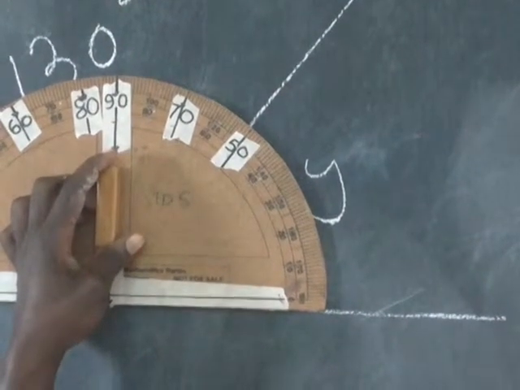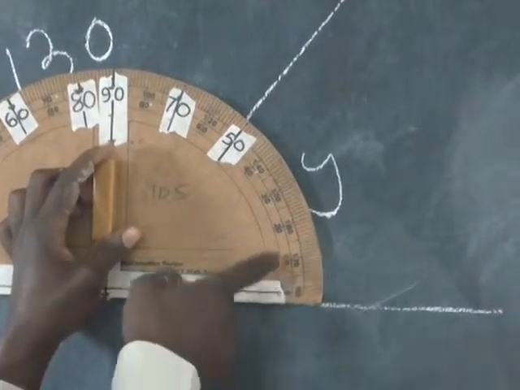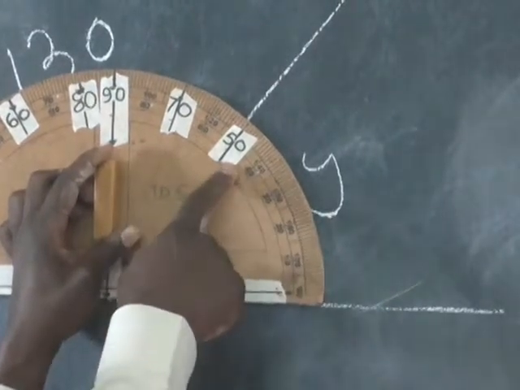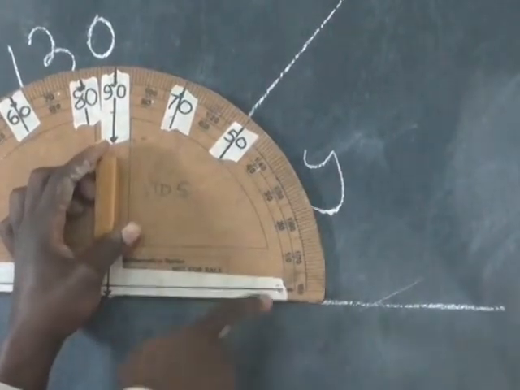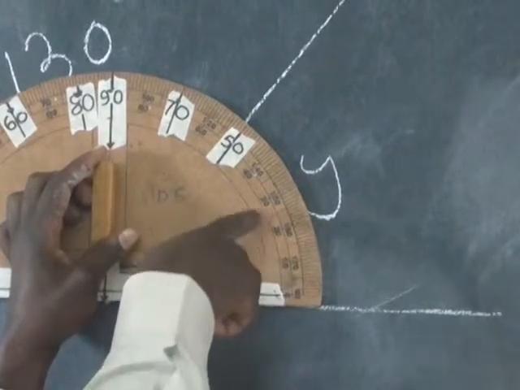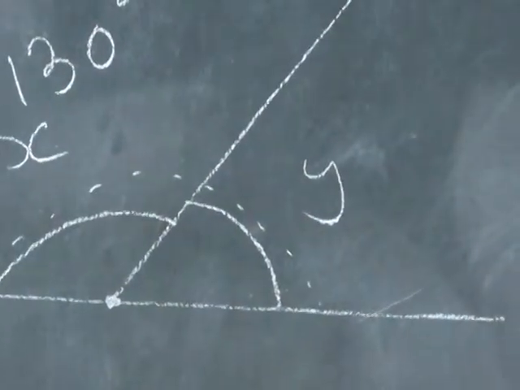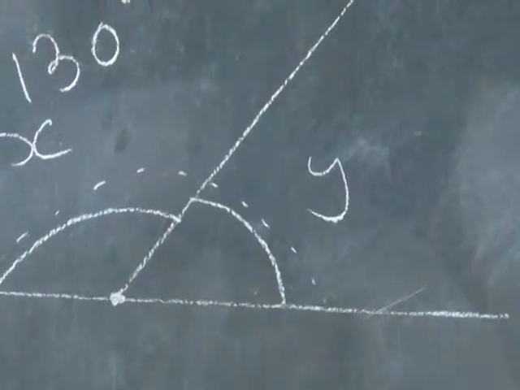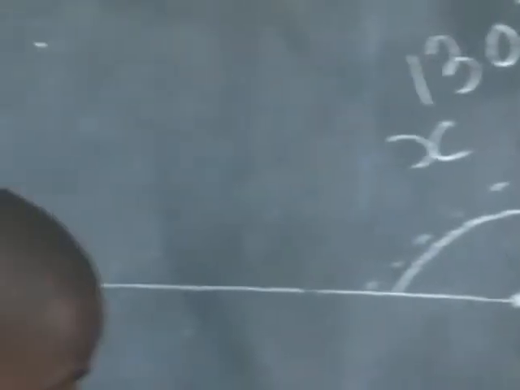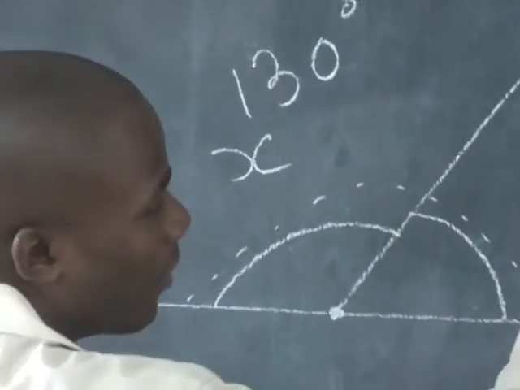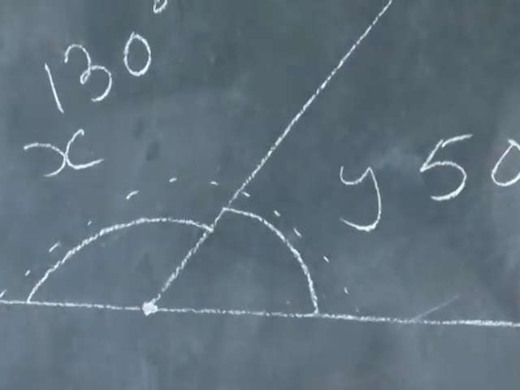Therefore, we are going to use the inner scale. On the inner scale, we start from 0, 10, 20, 30, 40, 50. Therefore, we say angle Y is equal to 50 degrees.